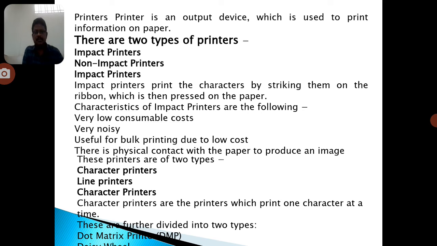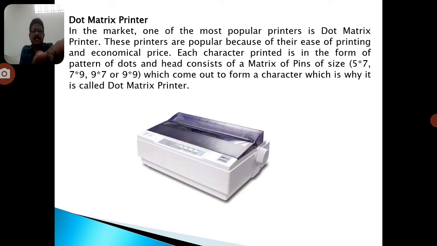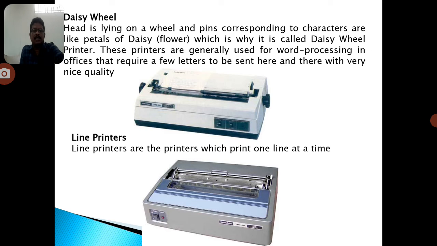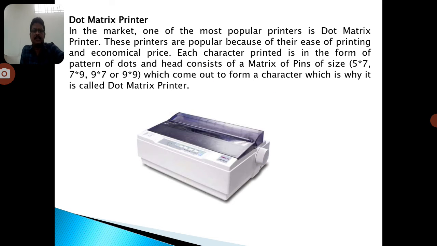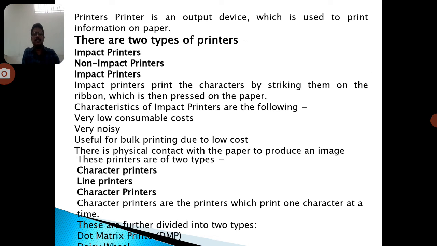The character printer is the printer which prints one character at a time. These character printers are divided into two more types: one is the dot matrix printer, and the next one is the daisy wheel printer. These two come under the character printers.